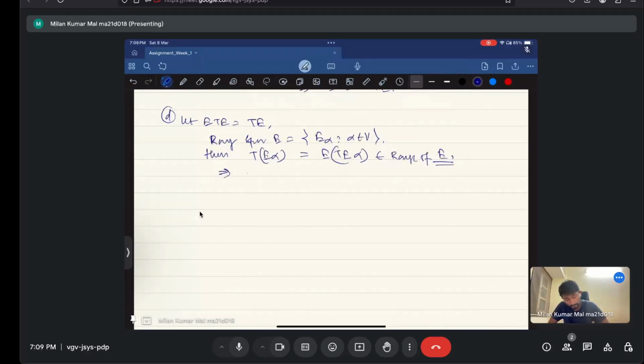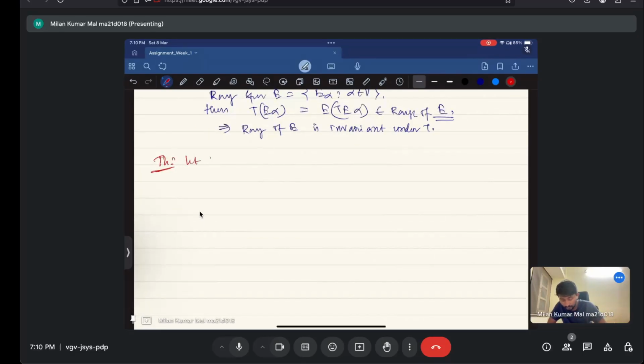Therefore, the range of E is invariant under T. So therefore, one can state from here: let V be a vector space over a field F, T be a linear operator on V, and E be a projection on a subspace of V.